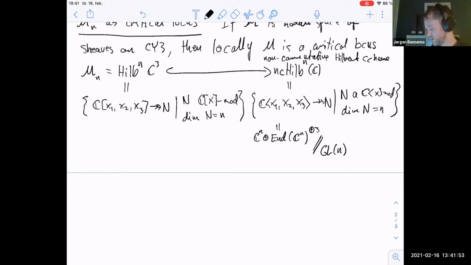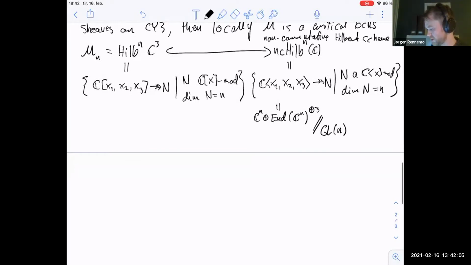And then there's no more data to specify. So that's the full thing. And then you need to take some open subset in here in order to ensure surjectivity. But anyway, the point is that if you write it as a quotient in this way, that's how you see that it's smooth and of dimension 2n squared plus n.